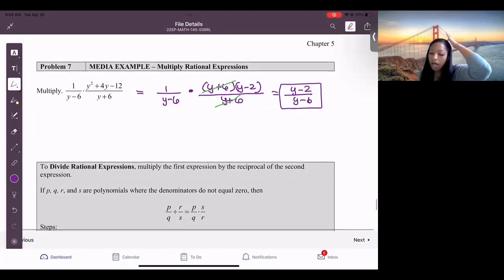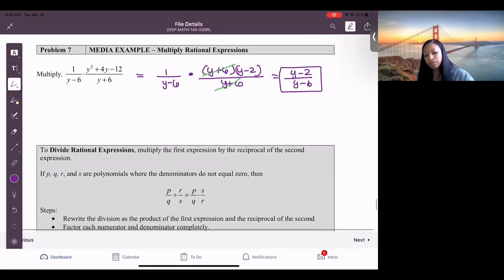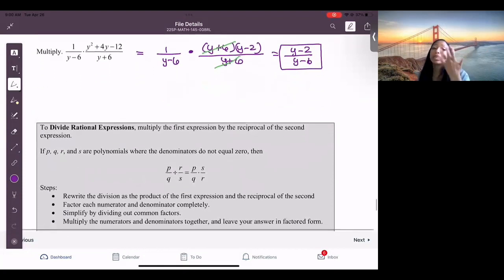All right, on to dividing rational expressions. Remember again, rational expressions are just fractions. So we divide rational expressions the same way that we divide fractions by doing keep, change, flip. Dividing by a fraction is the same as multiplying by its reciprocal.